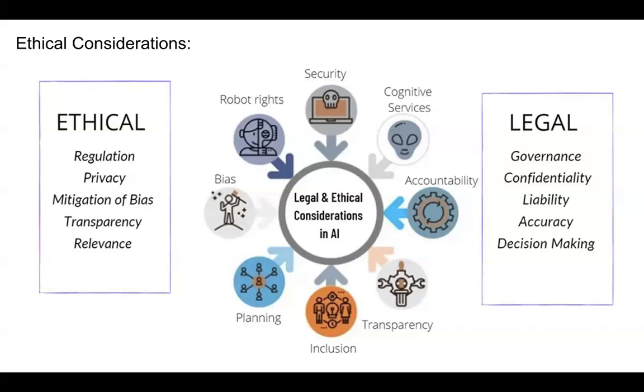Okay, now come to the topic of ethical considerations. In ethical considerations, you can see what rules AI should follow. Whatever regulation is there, whatever privacy means for an individual, it should not be trained on individual data, and it should not be trained on biased data.